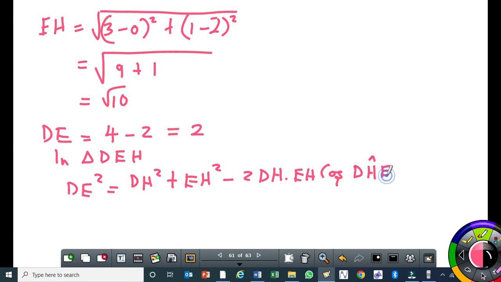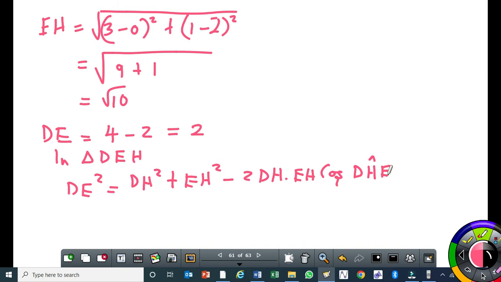Can I have your attention? I hope you are aware that if I want to calculate the angle DHE, I can take this minus 2DH times EH cos DHE to the right, then I'll take this DE squared. That's grade 11, right? Cosine rule.